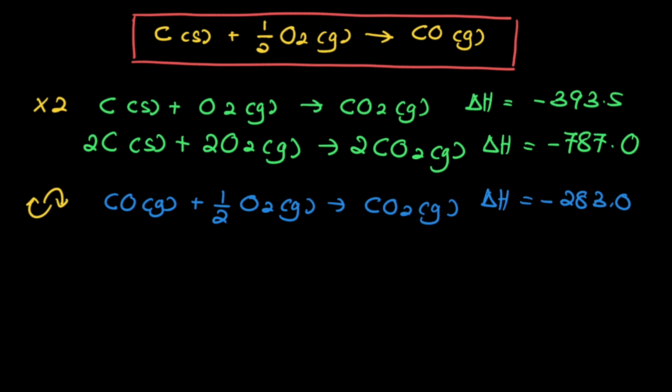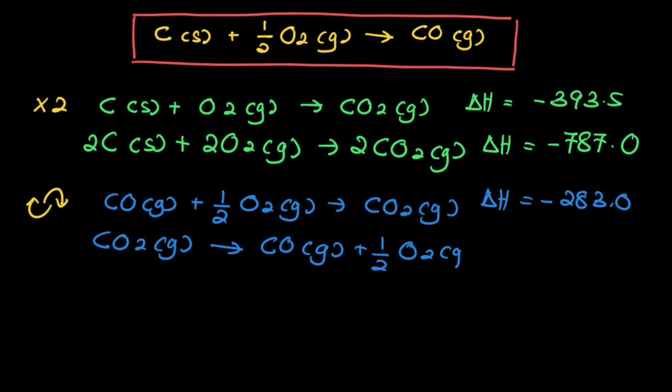Whatever is in the product, you change it to the reactant. So we have carbon dioxide gas, and now it's going to be carbon monoxide gas plus half oxygen gas. So your delta H from positive, you need to change to negative, because we swapped the locations of your reactant and the product.